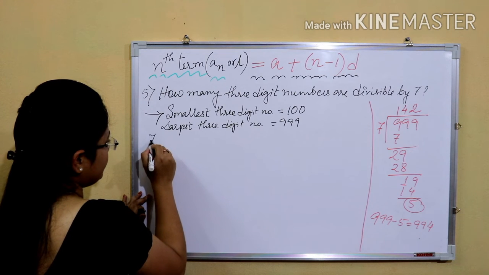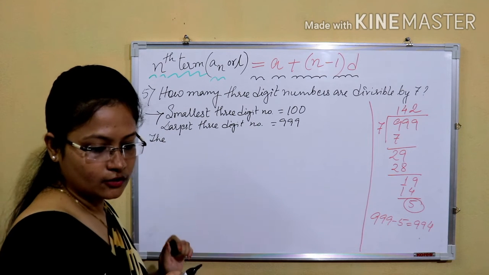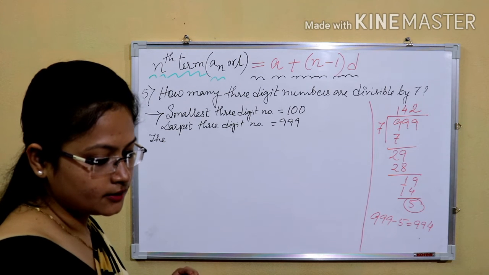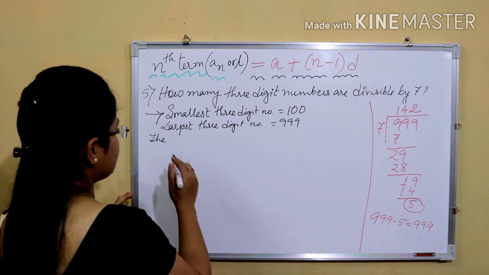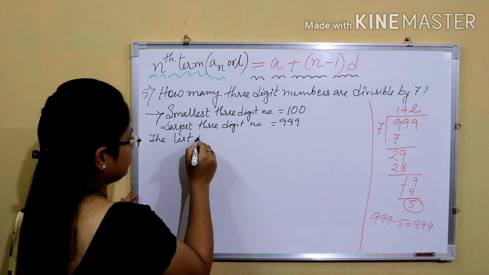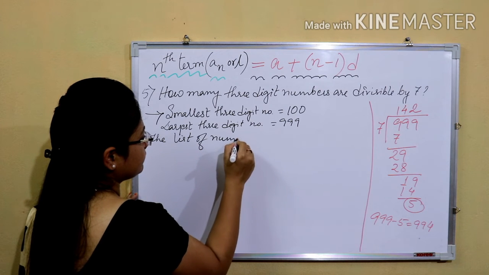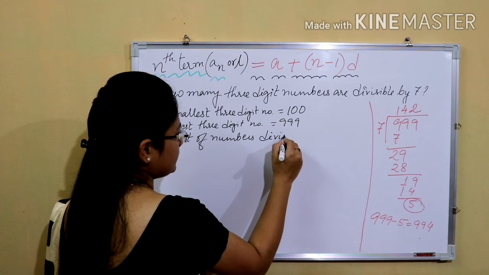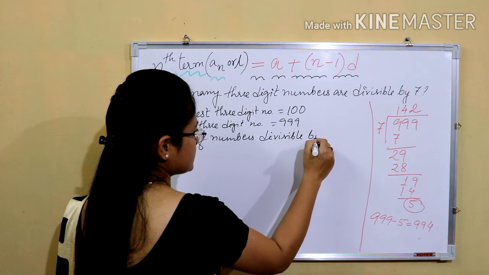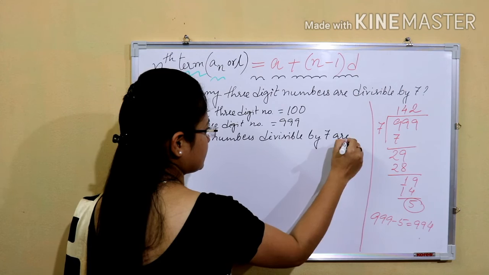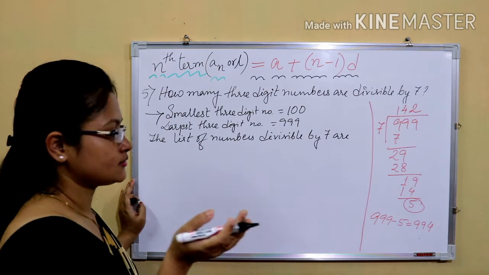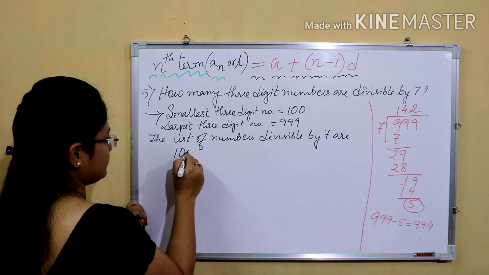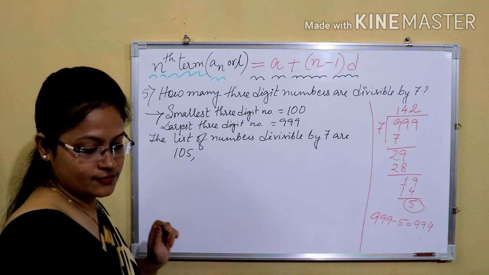But the list of 3-digit numbers divisible by 7 starts with 105, because 100 was not divisible.